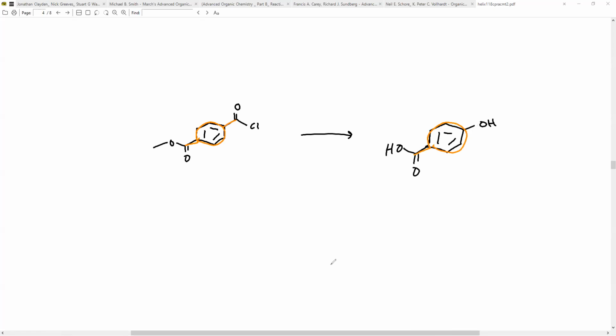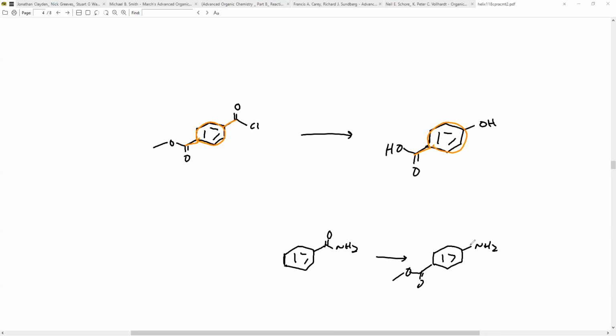Usually when we think of loss of carbon, the number one reaction that sparks to mind is the Hofmann, where we go from here to here. We think of this reaction here. So we have this reaction where we can replace the acyl, lose a carbon, and form an amine.